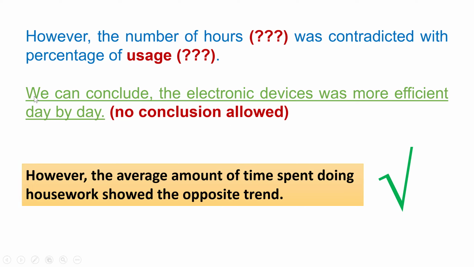Nah, selanjutnya kalimat kedua di sini we can conclude the electronic devices was more efficient day by day. Sebenarnya sometimes we can suggest what is happening by observing the graphs, but we better avoid making conclusions. Apalagi kalau itu bisa membawa kita kepada mengarah pada apa ya, berasumsi.